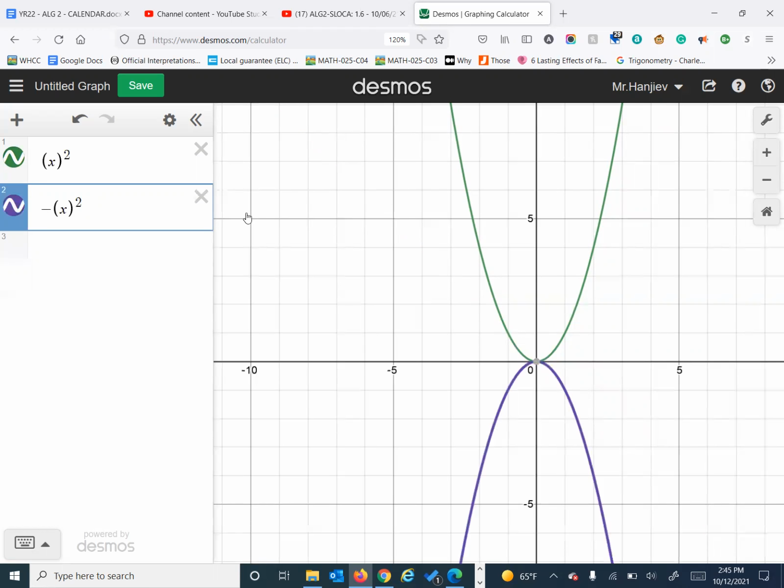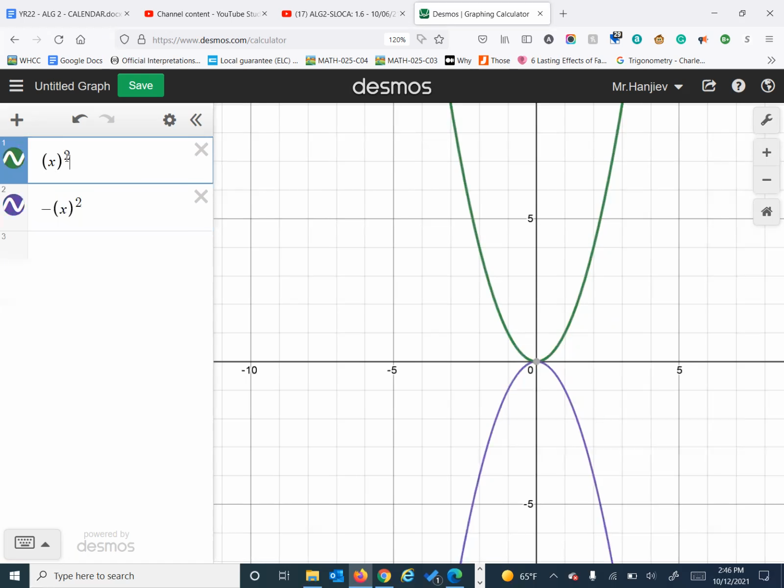And notice what happens, the difference between the green graph, the original one, and the purple graph. So it goes down. We call it a reflection. It's almost like if you swing the green graph across the x-axis, you'll produce the purple graph right over here. So this one calls for a reflection about the x-axis.